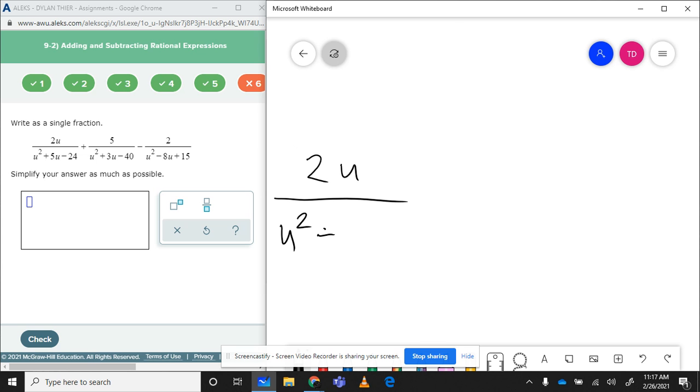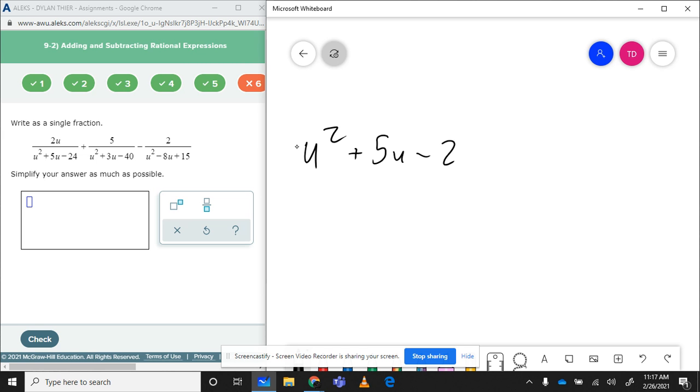So I would think we would probably want to try to do some factoring on these things. So let me do this differently. Let me just write out each one and see how we can factor them. Each denominator and see how it can be factored.